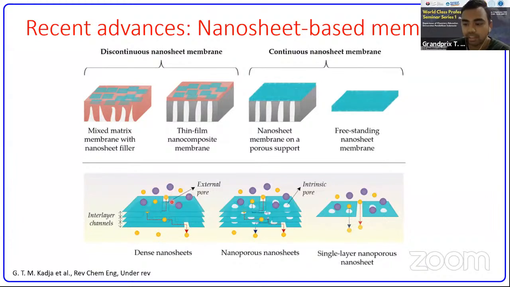For example, two adjacent nanosheets could create a new porosity. That's why even the dense, non-porous nanosheet could act as a membrane. And the separation performance could also be increased if we use nanoporous nanosheets, for example, the zeolites.